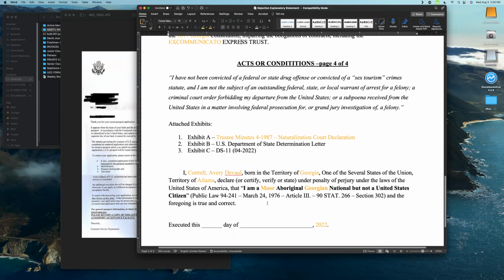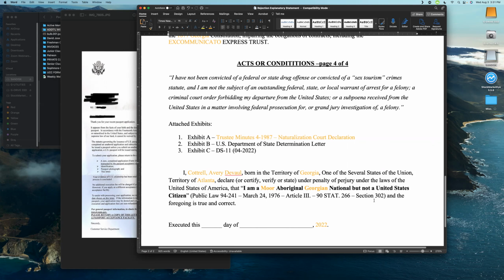So now let's provide them our unsworn declaration as we read in 28 USC 1746, number 1. Here we go. I, born in the territory of Georgia, one of the several states of the Union, territory of Atlanta, declare, certify, verify, or state under penalty of perjury under the laws of the United States of America, that I am a Moor, Aboriginal, Georgian national, but not a United States citizen.